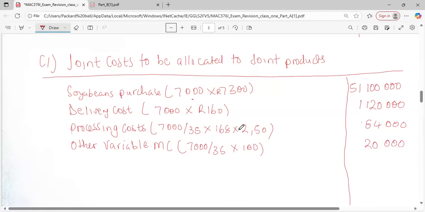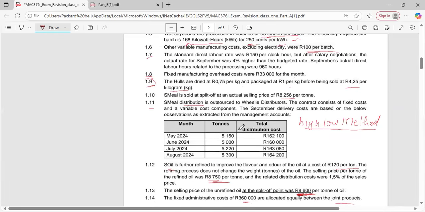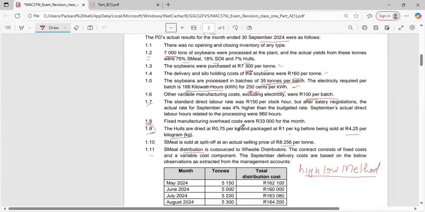So let's go again to our question and check what else goes to. Remember, here we're busy focusing on the joint cost. Then the standard direct labor rate was 150 per clock hour, but after salary negotiations, the actual rate for September was 4% higher than the budgeted rate.